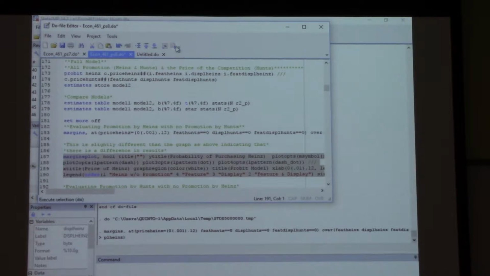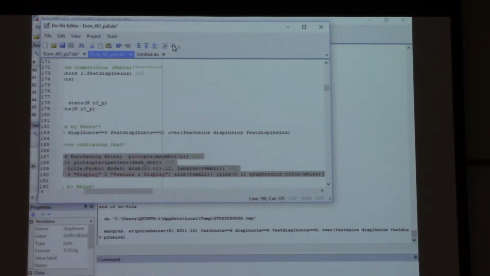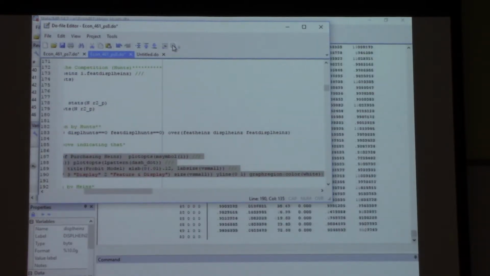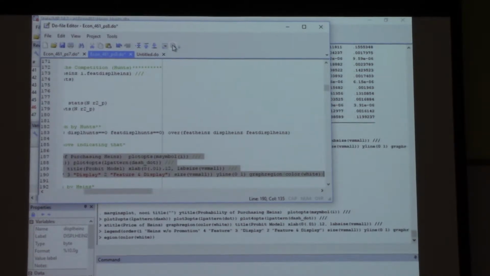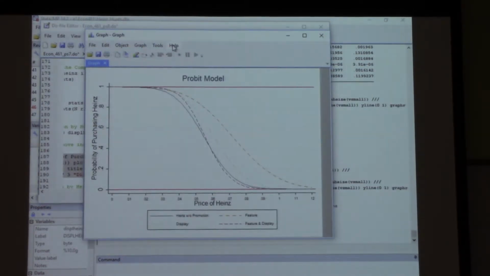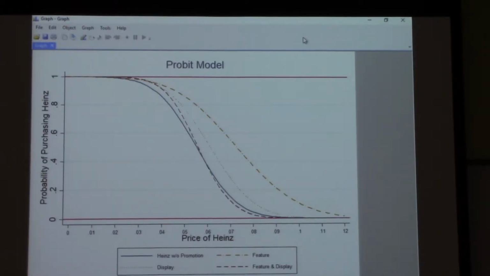And as we can see, it's taking a little bit longer. So this is just Heinz's promotional aspects. We're not getting much different results, but they are different. I mean, if we were to actually compare the numbers, they are going to be different.